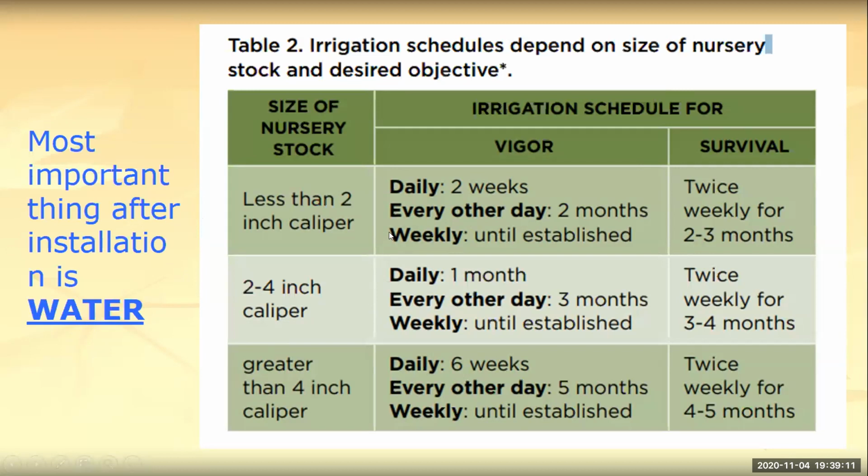Here are trees less than 2 inches caliper. For the first 2 weeks you need to irrigate every day, and every other day for 2 months, and weekly until establishment. If the trees are bigger, more than 4 inches, you need to irrigate every day for 6 weeks. That's key to understand: the bigger the tree, the more water you need to apply. Okay.